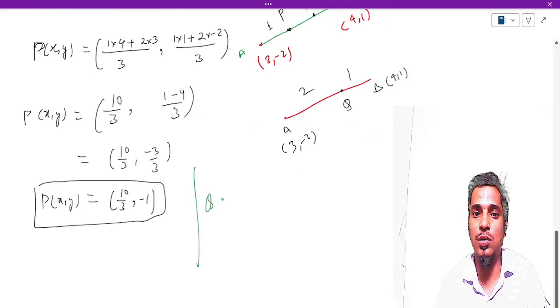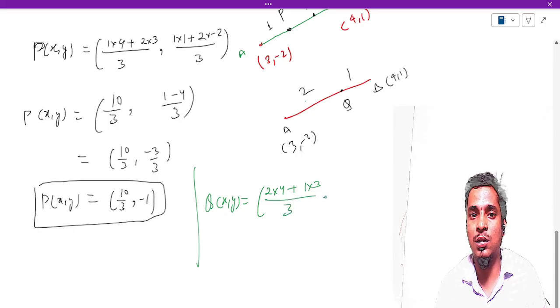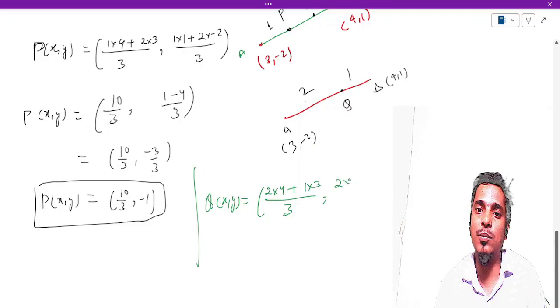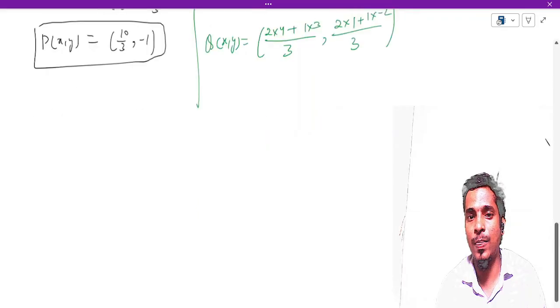So Q, that is x comma y, is equal to 2 times 4 plus 1 times 3, divided by the sum of the ratio, 2 plus 1, which is 3, comma 2 times 1 plus 1 times minus 2, divided by the sum of the ratio, which is 3.